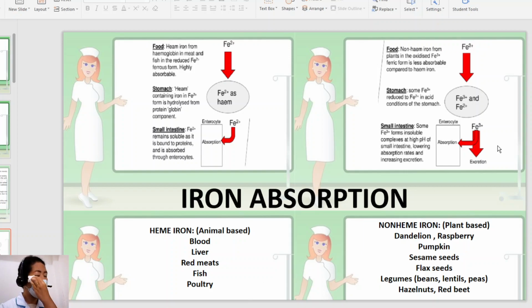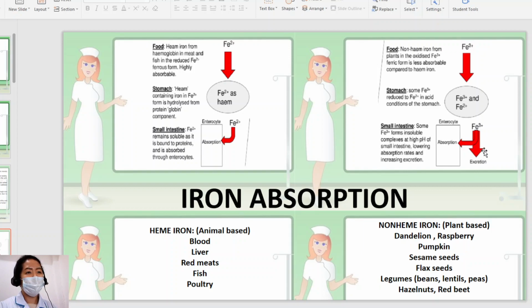The next source of iron absorption is non-heme iron from plants in the oxidized ferric form, which is less absorbable compared to heme iron. Some ferric is reduced to ferrous in the acid conditions of the stomach. Then it goes to the small intestine.